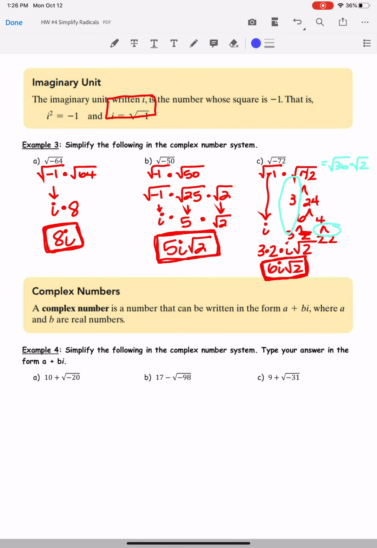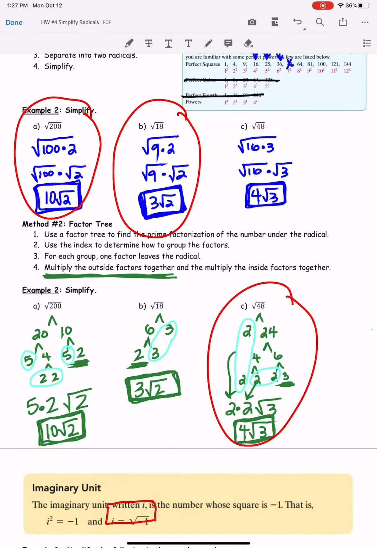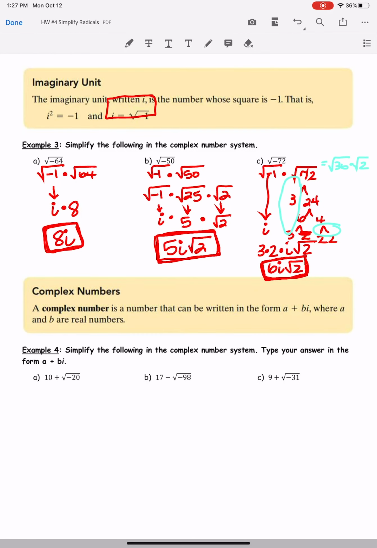All right. And then the last thing here, we have complex numbers. A complex number is a number that can be written in the form of a plus bi, where a and b are real numbers. So you would have something like 4 plus 6i.